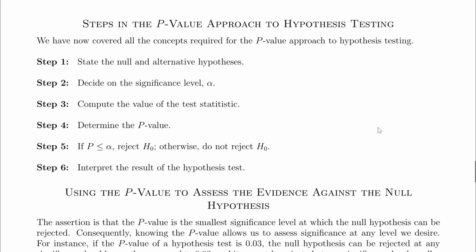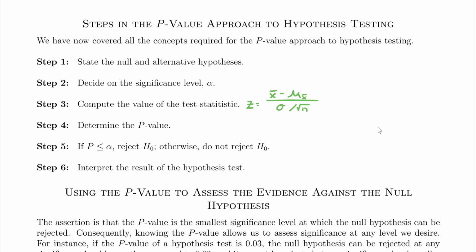Okay, so the steps in the p-value approach to hypothesis testing is exactly what we just did. You'll first state the null and alternative hypotheses. Then step 2, you'll decide on the significance level if it's not already given to you. Step 3, compute the value of the test statistic. Remember that's your z equals x bar minus mu sub x bar over sigma sub x bar, which is sigma over radical n, where sigma is the population standard deviation.